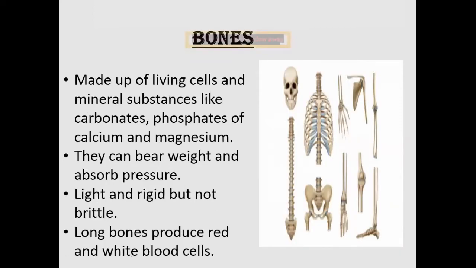Endoskeleton is made up of bones. So here we are talking about the bone. Bones are actually made up of living cells and mineral substances like carbonates and phosphates of calcium and magnesium. This means bones are living cells.